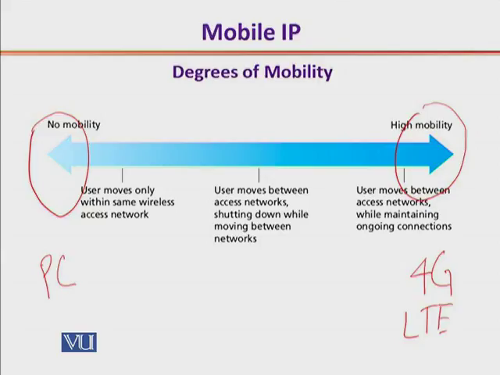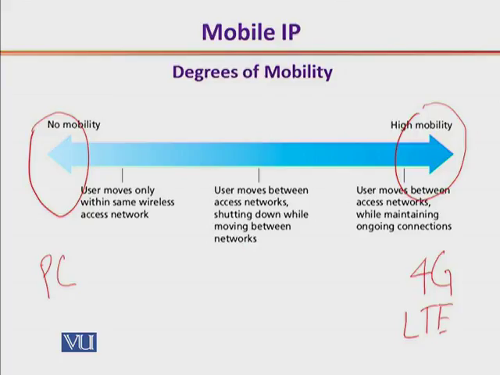For instance, the user moves only within the same wireless access network, either on foot or with limited mobility on a transport. That's the kind of mobility we expect within a building or on a campus. Then the user moves between access networks, shutting down while moving between these networks.